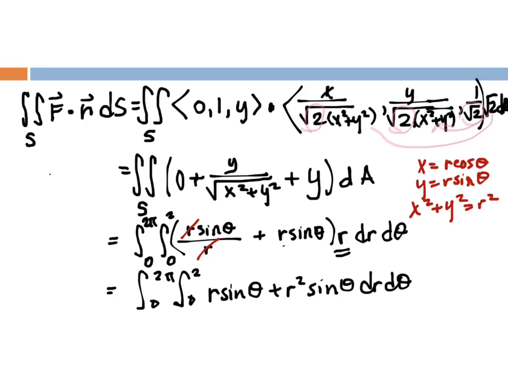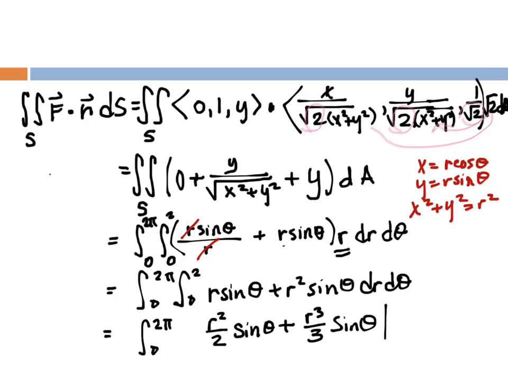All right, so what's the antiderivative with respect to r? R squared over 2 sine theta plus r cubed over 3 sine theta, and we're evaluating from 2 down to 0.